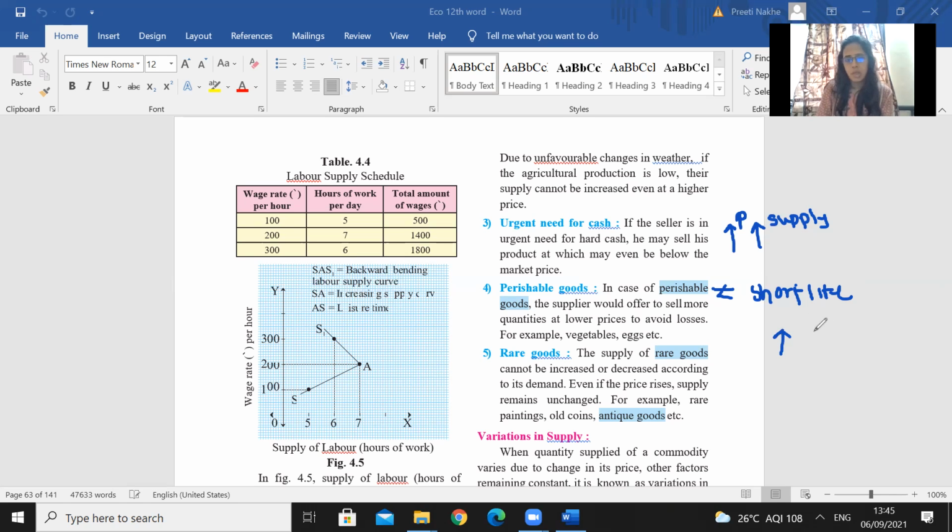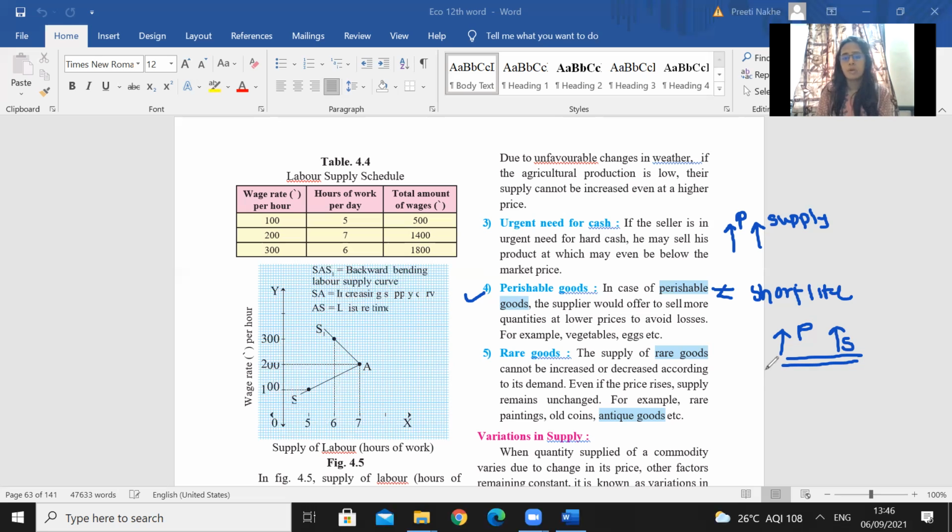Suppose I am the supplier of vegetables. I know the life of vegetables is short, so I am not going to wait for the price to rise. I will start supplying whatever the price I am getting. So in case of perishable goods, this law is not applicable.